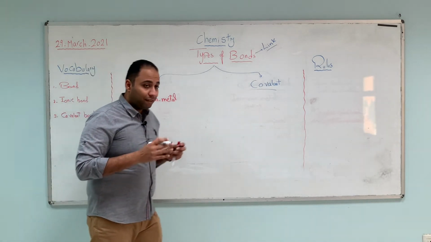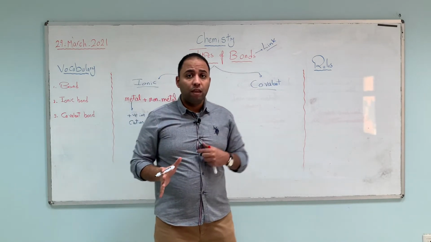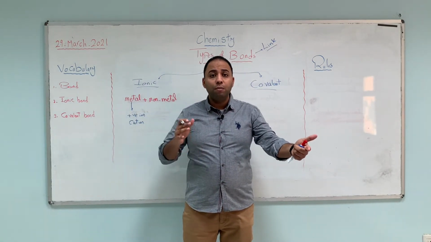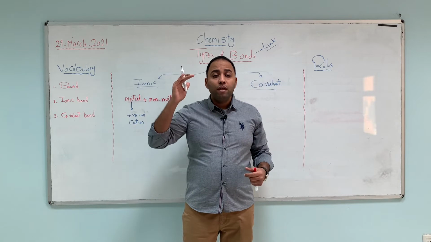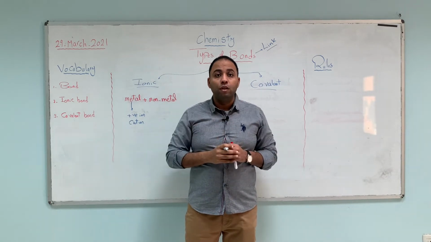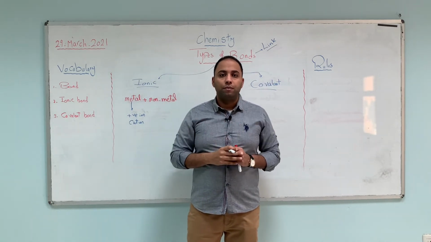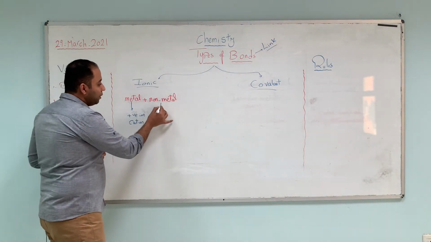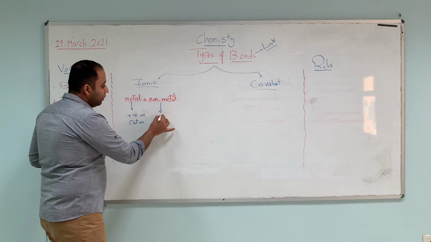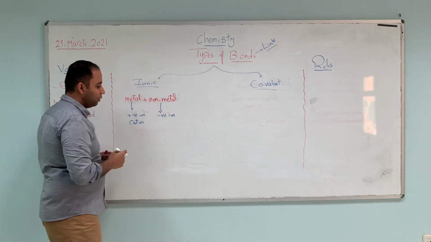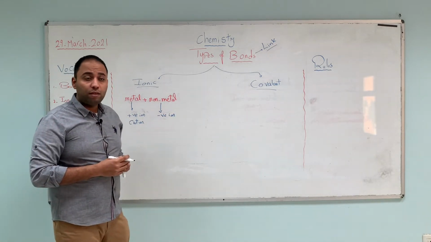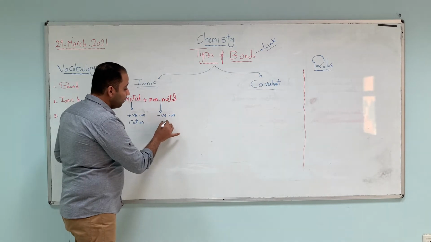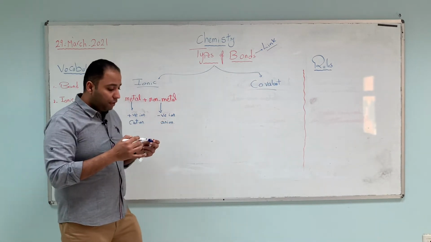So cation is a positive ion that lost electrons, so the number of protons is more than the number of electrons, so the net charge is positive. The second one, non-metals. Non-metals form negative ions. What is the name of the negative ion? Anion. How can it be a negative ion?